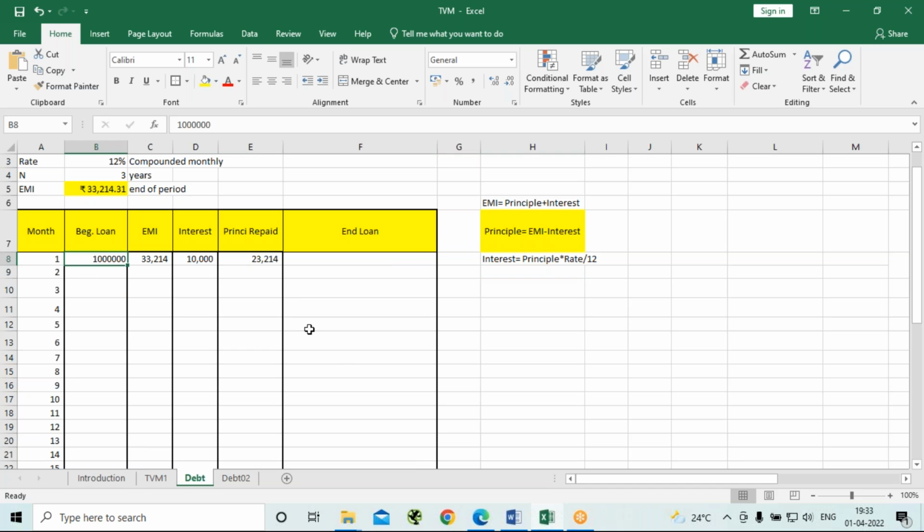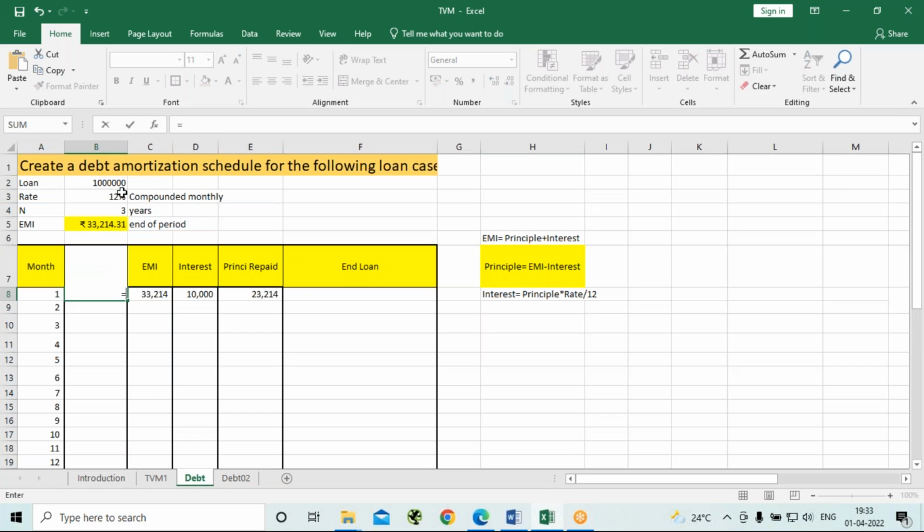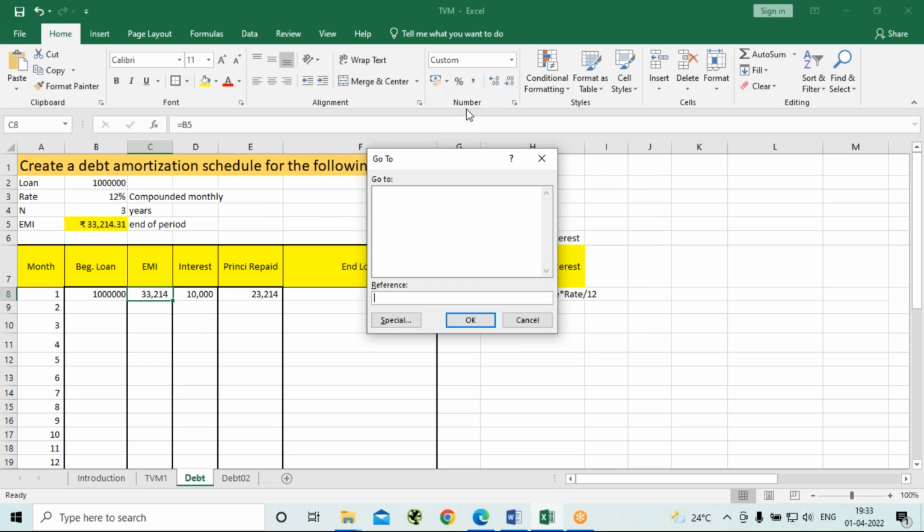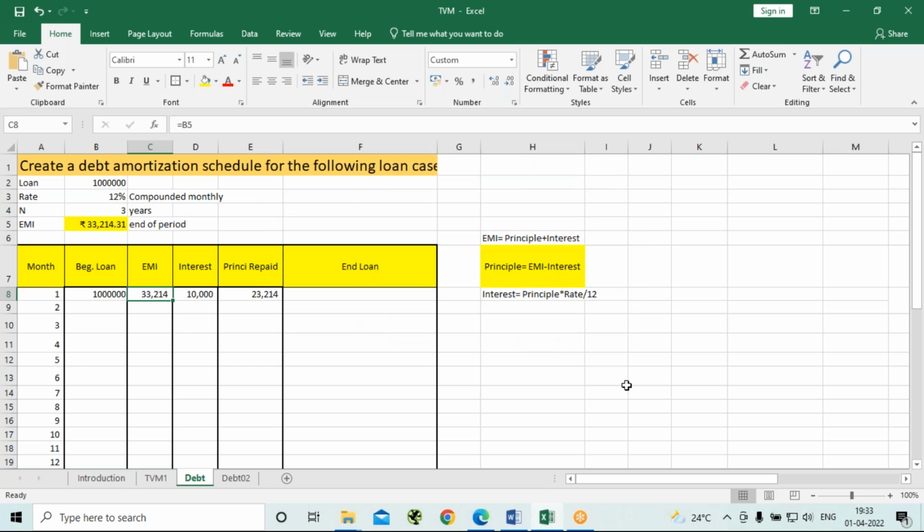So the beginning loan, let me take it equal to this, and the EMI I have to freeze it. F4, it remains the same. Sorry, F4.